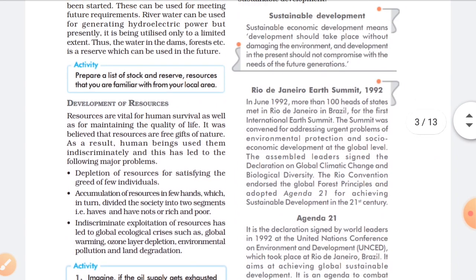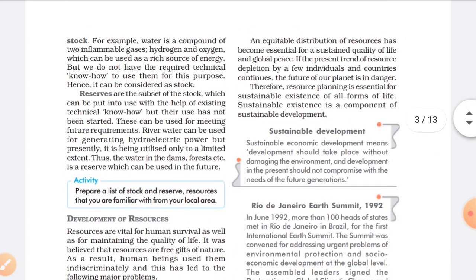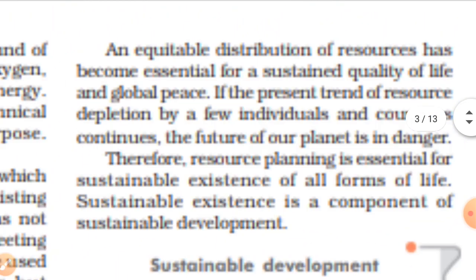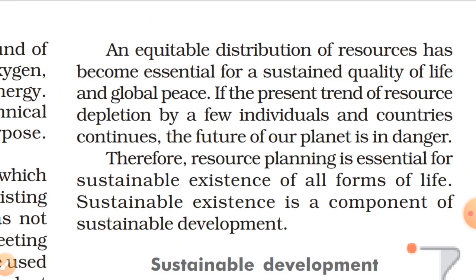An equitable distribution of resources has become essential for a sustained quality of life and global peace. So equitable distribution of resources, that is equally distributing them, is becoming important for a sustained quality of life.